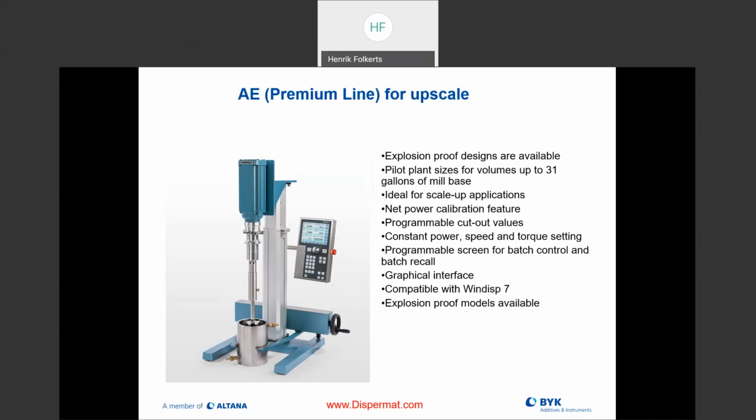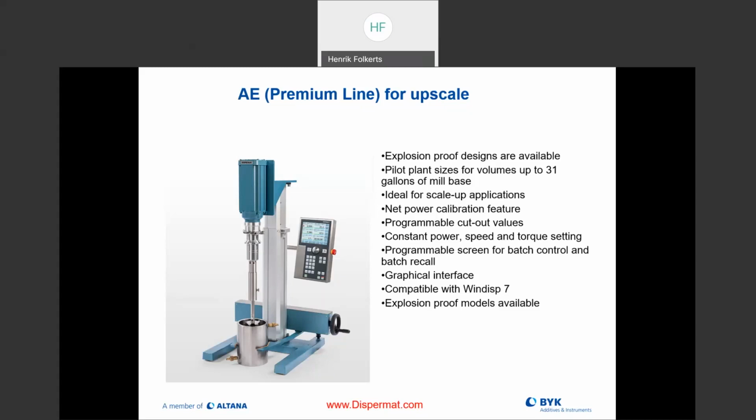This is also nice because I can precisely calculate my manufacturing costs, because I know for this product, half an hour of dispersing needs this amount of energy. Therefore, it's going to cost me X amount of dollars to produce this product in my manufacturing plant. So these are excellent tools for R&D and upscale if that's something you're looking for in a dissolver.